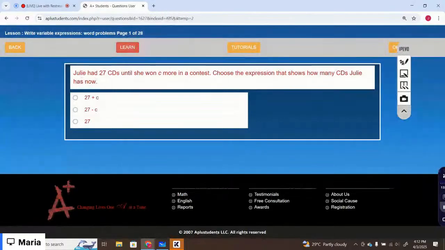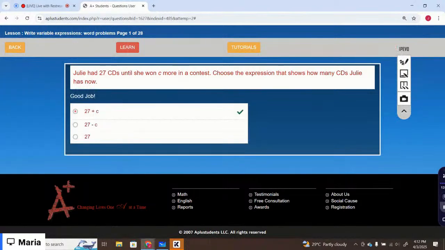Julie had 27 stickers until she won C more in a contest. Choose the expression that shows how many stickers Julie has now. She already had 27. Now C more. So that is 27 plus C. Option number one is the correct option.